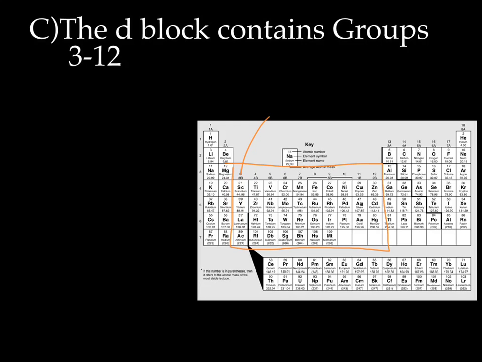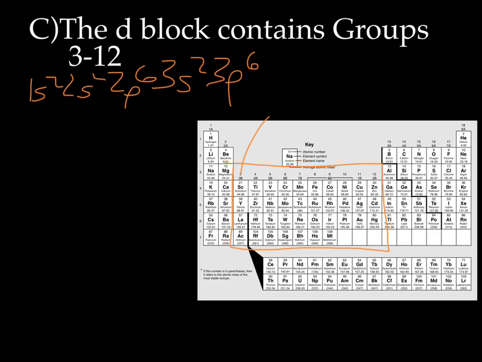If we take, for example, scandium, we're going to have 1s2, 2s2, 2p6, 3s2, 3p6, 4s2, 3d1. So the valence in this case is going to be 4s, but the last thing we write is 3d. So in the D block, we end up filling electrons in the d, even though they're not the valence.